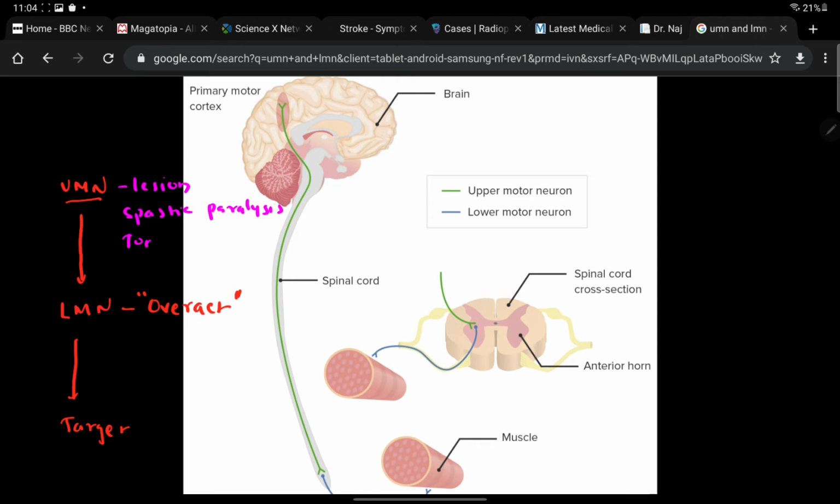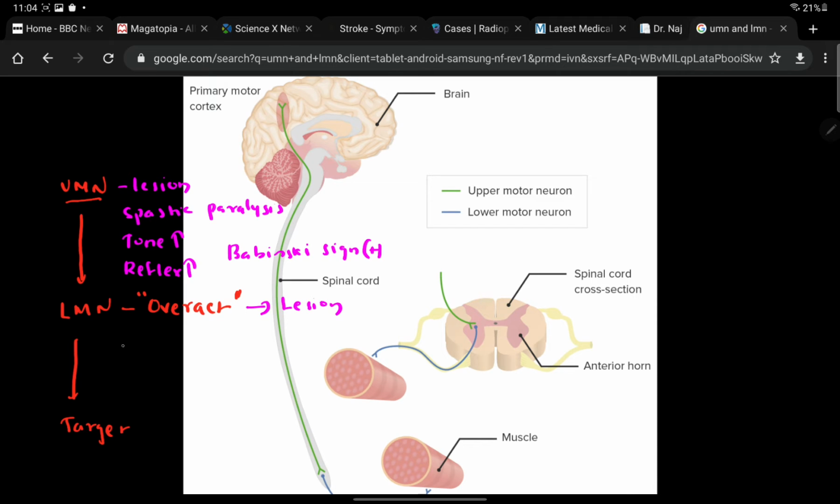The tone will be increased, the reflex will be increased, and the Babinski sign will be positive. Whereas if the lower motor neuron is undergoing lesion, the activity will be reduced.